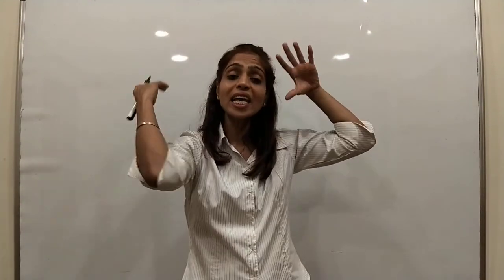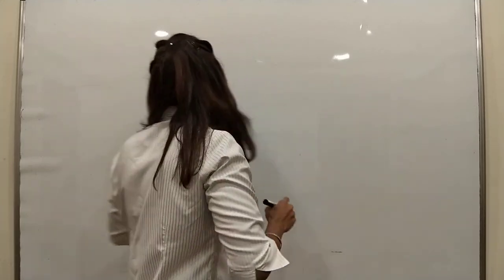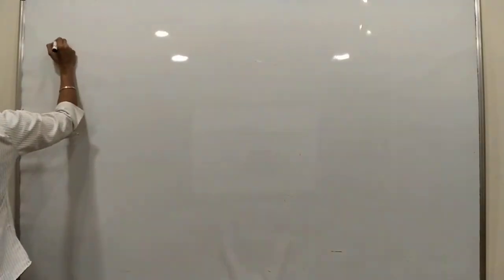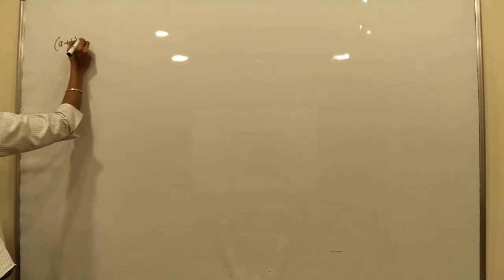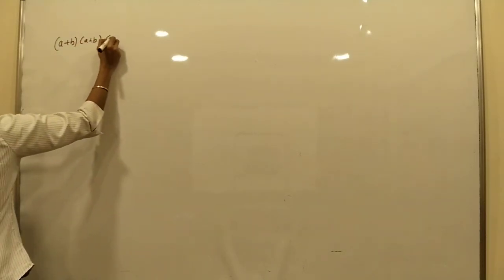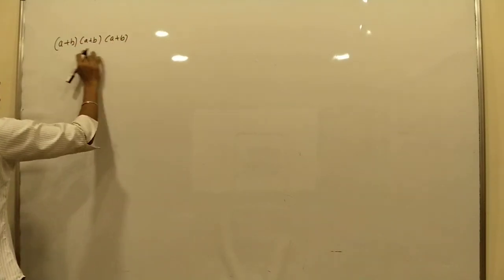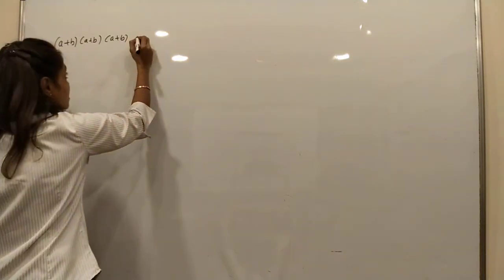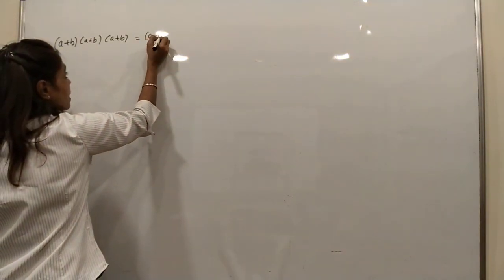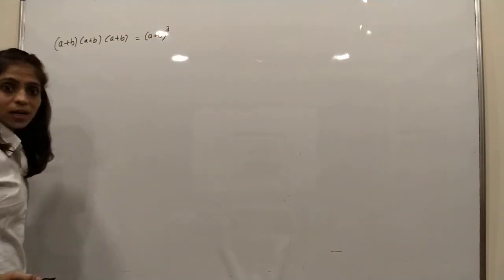Now the whole square identity is in 3a. Now the cube identity is in B section, 3b, cube identity. What is a plus b, a plus b, a plus b, the same bracket 3 times? It means the a plus b whole cube formula.